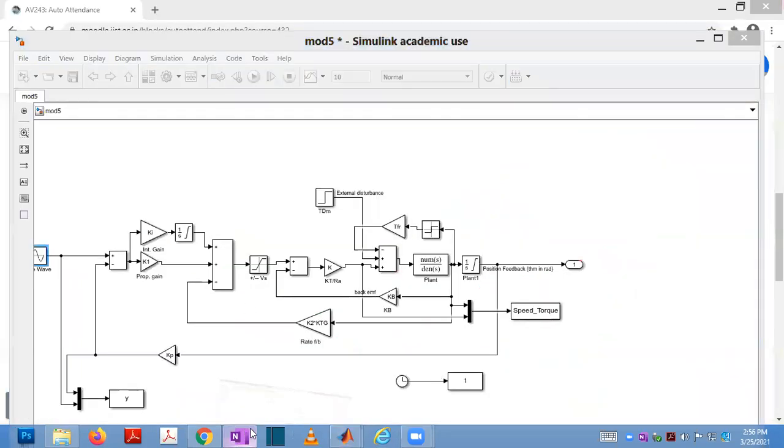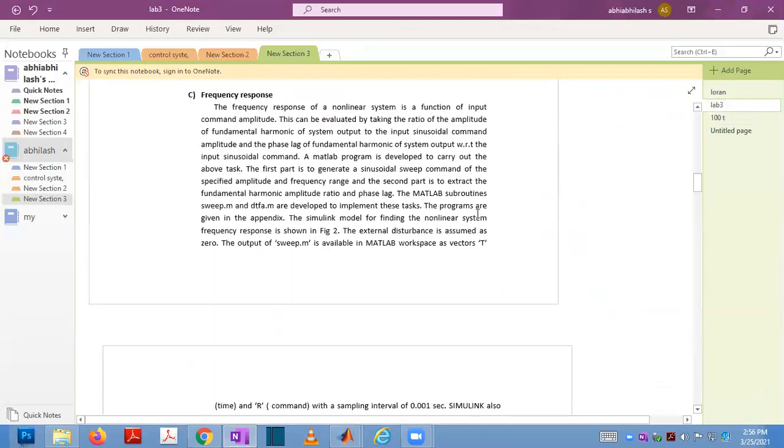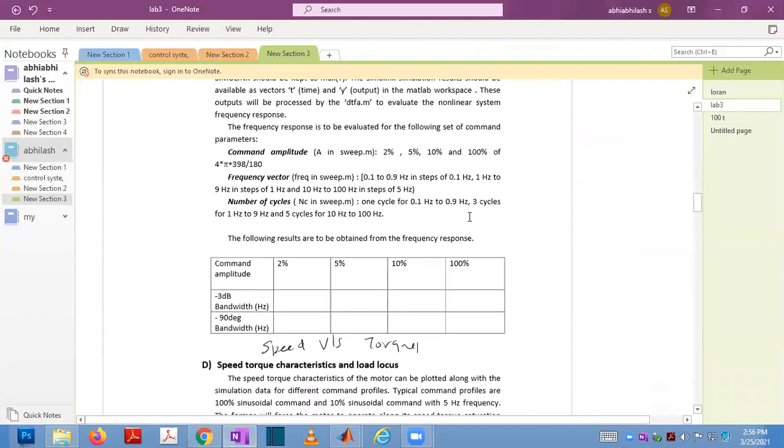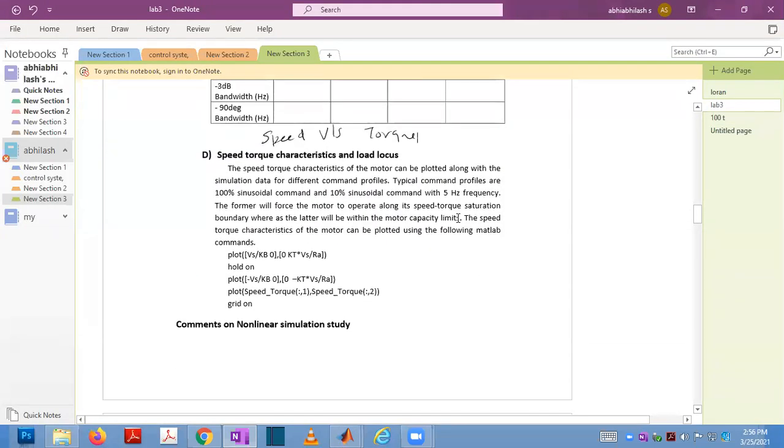For that purpose you have to take the speed and torque and plot the speed torque characteristics, and from them you can predict whether you can use this motor or not. In your case, the bandwidth of the system is 5 hertz, so you are supplying a 5 hertz frequency sine wave.